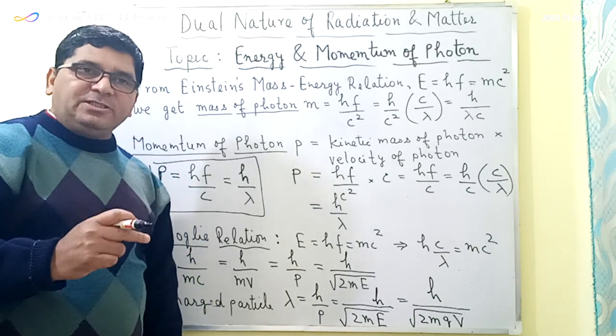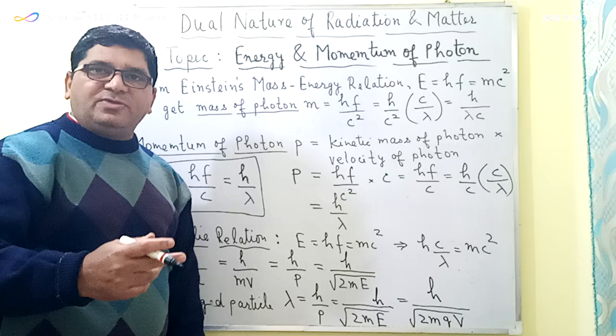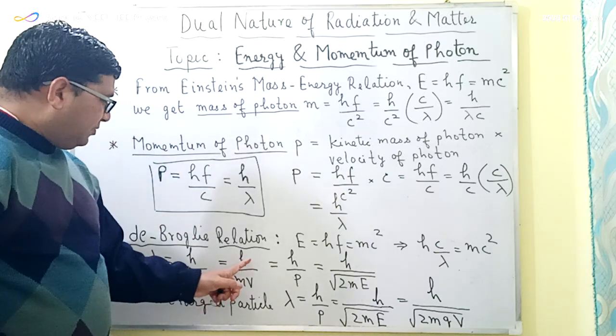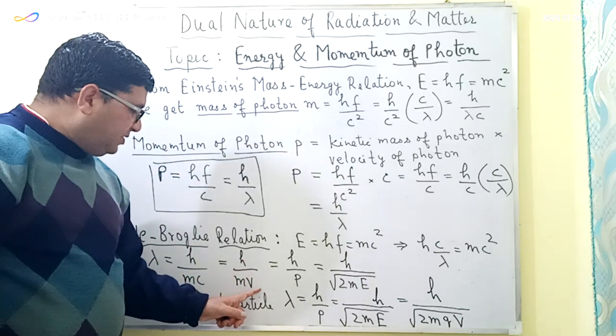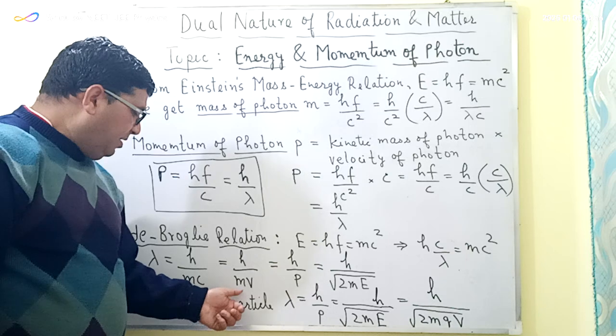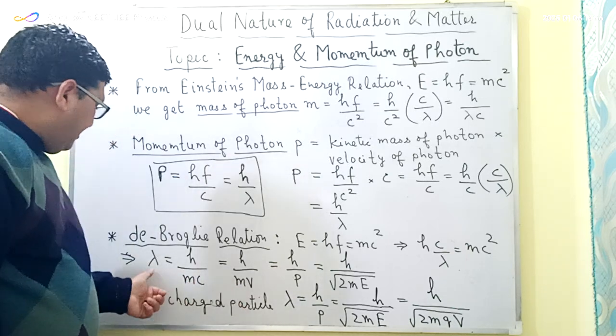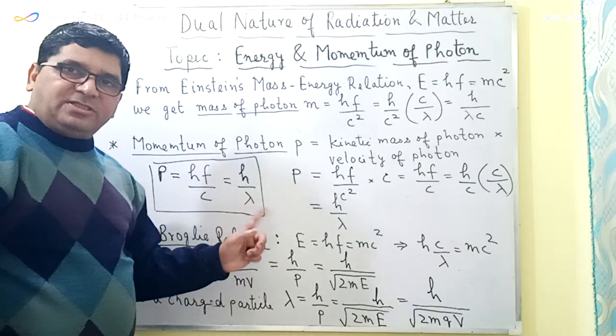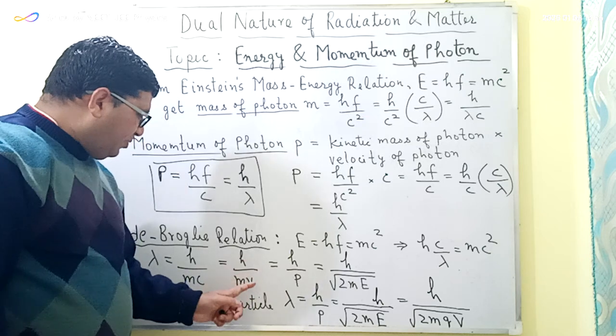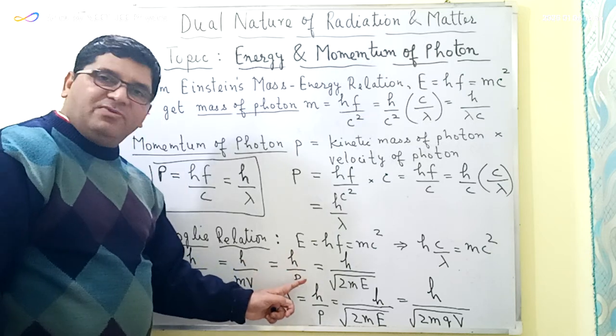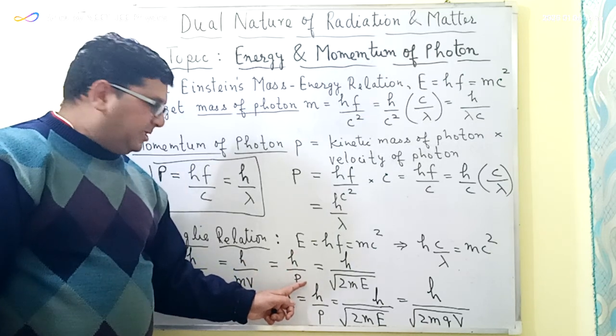That is, the wavelength of the wave which is associated with a moving particle is equal to h upon m into v, where v is the velocity of the moving particle and m is the mass of it. So this is also equal to h upon p, where p is the momentum of that particle.